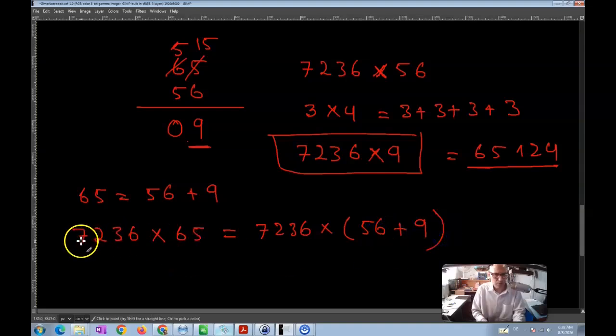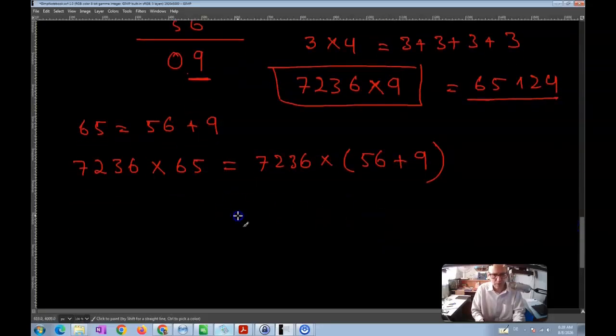When you say 7,236 times 65, and we know that 65 is 56 plus 9, then we can write the same thing as 7,236 times 56 plus 9. Now this thing over here, you have addition over here, and then you have multiplication over here.